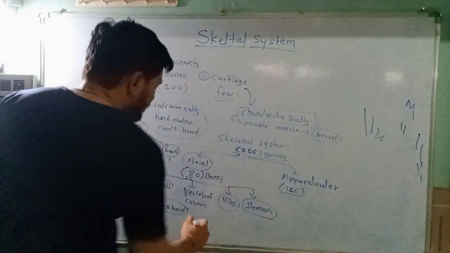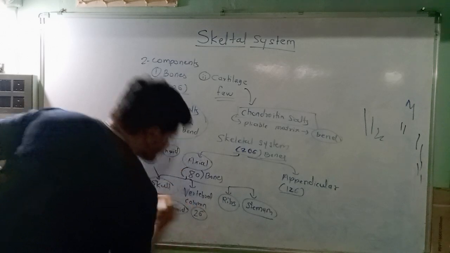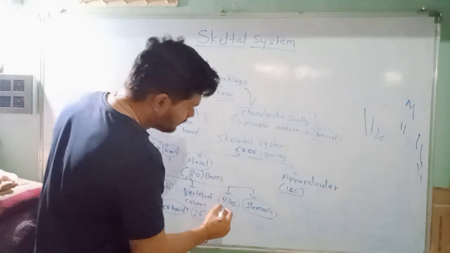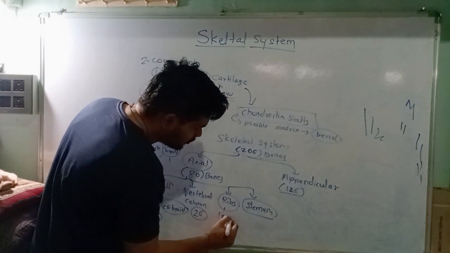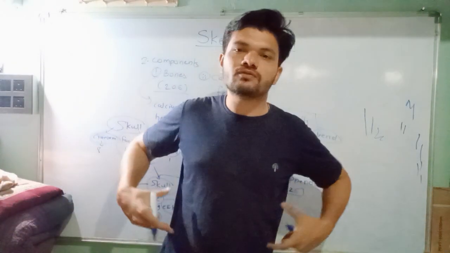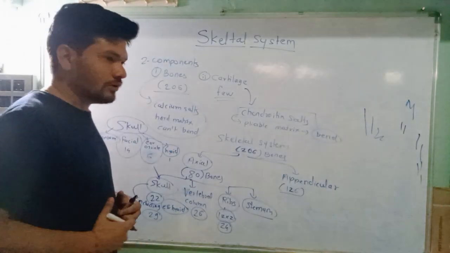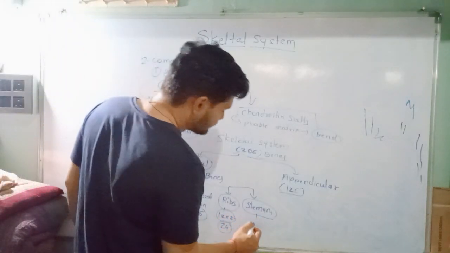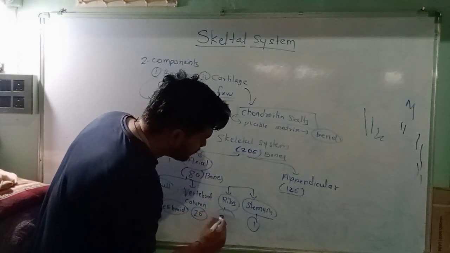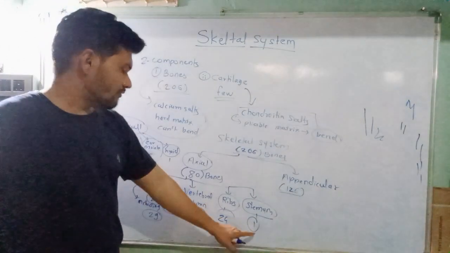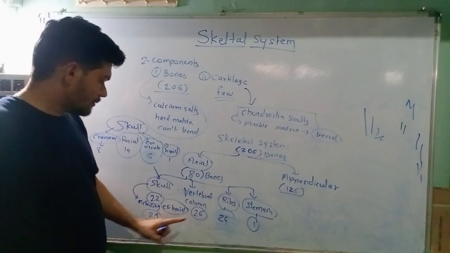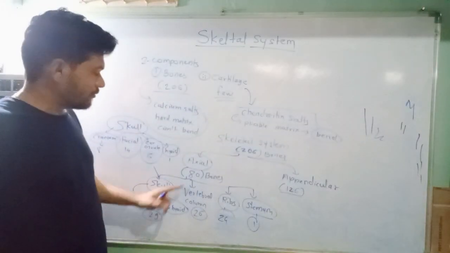Your vertebral column includes 26 vertebrae. Okay, 26 vertebrae. There are 12 pairs of ribs. So 12 into 2, 24 ribs are there, including your true ribs, false ribs, and floating ribs. Okay, and 1 sternum. So let's just count. Here I am writing 24 ribs. 24 plus 1, 25. 25 plus 26, 51. 51 plus 29, 80 bones.